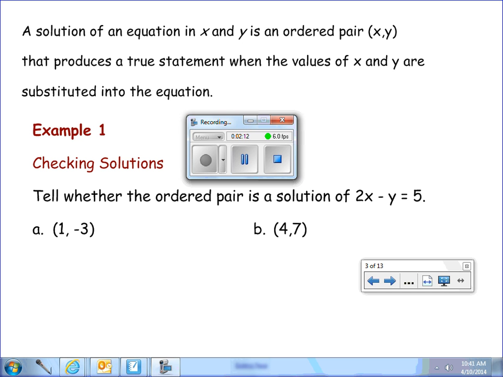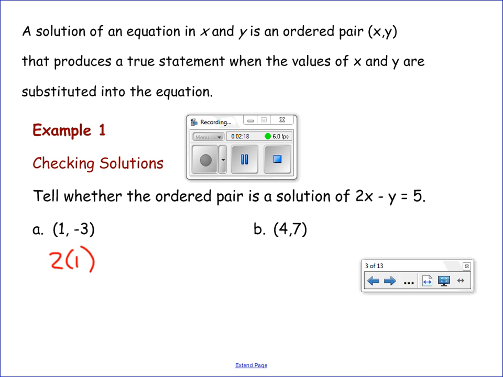So 2x minus y is equal to 5. So we're going to substitute. And this is a solution, so all you would write is yes after you've shown your work.